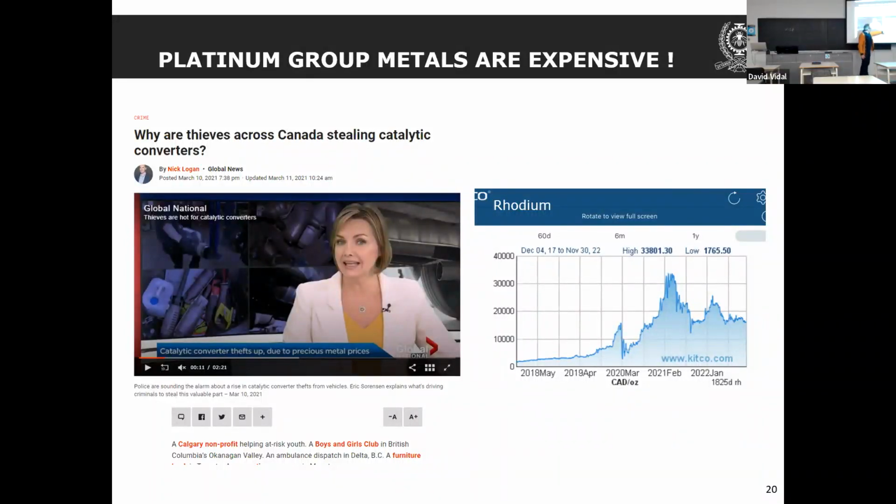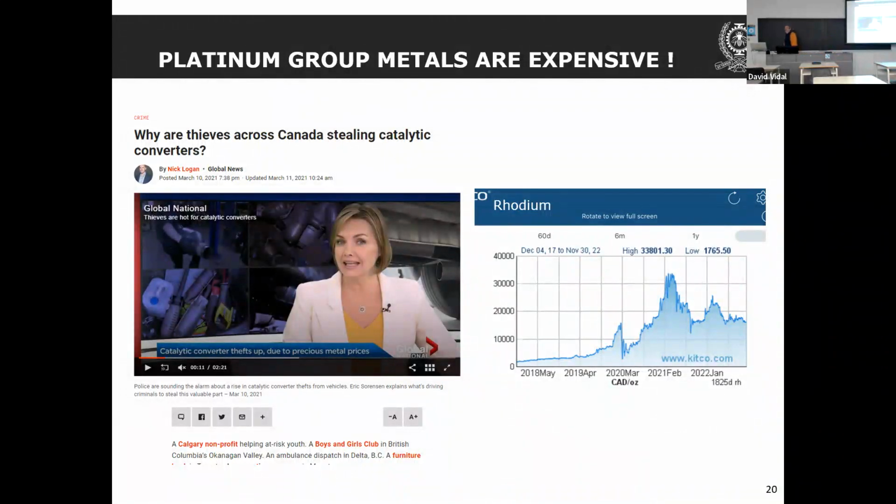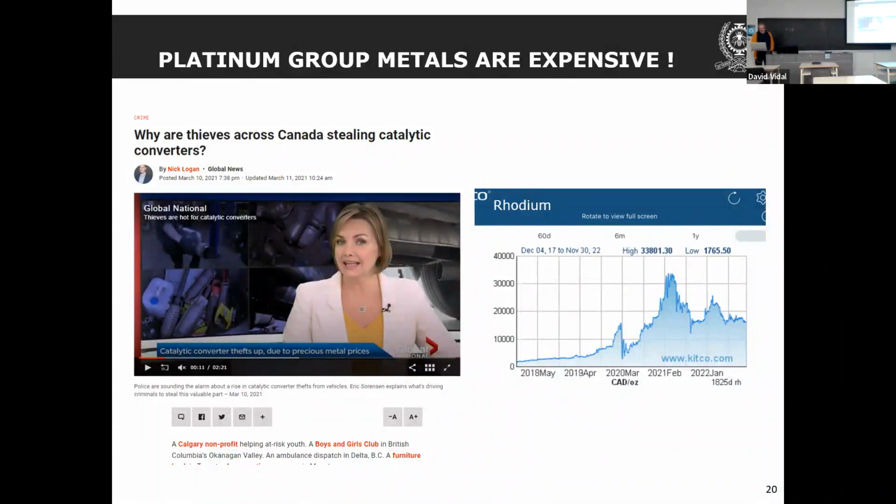The price of rhodium 4 or 5 years ago was around $1,700 an ounce, and it's now $17,000 an ounce. So it's about 10 times more expensive than gold. I think rhodium is probably the most expensive metal on the face of this earth, if I'm not mistaken. The prices of palladium and platinum are a bit lower, but a lot of rhodium is usually used as a catalyst in this kind of application.